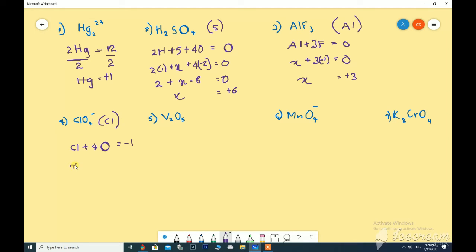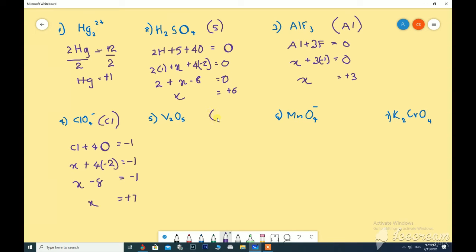Let's take the oxidation number of chlorine as x. Add 4 times -2, it is equal to -1. So x minus 8 is equal to -1. x is equal to +7.